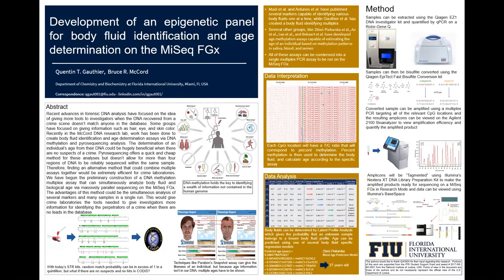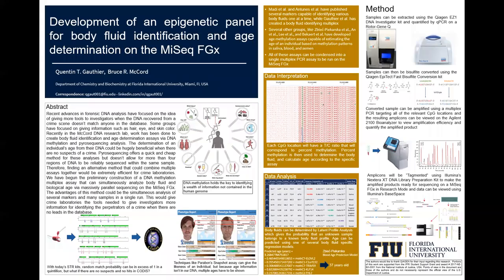But what if there isn't any suspect for this crime and there's no hit in our database? Where do we go from there? Some other companies, such as Parabon Nanolabs, have been looking at creating phenotypic profiles for these unknown individuals' DNA that can figure out their skin color, hair color, eye color.